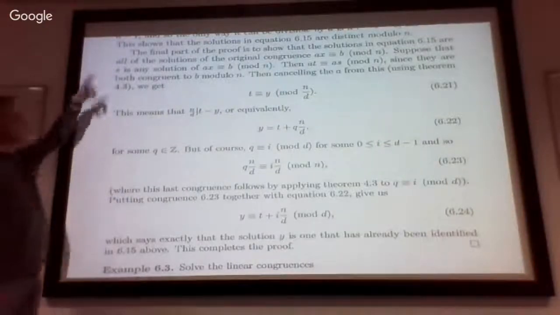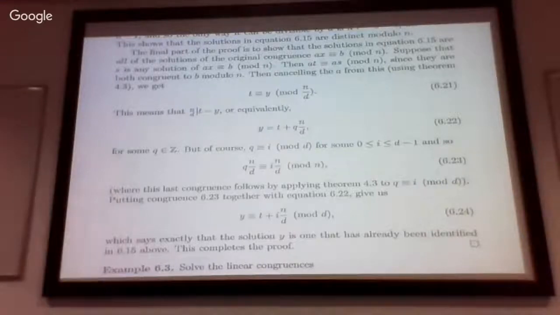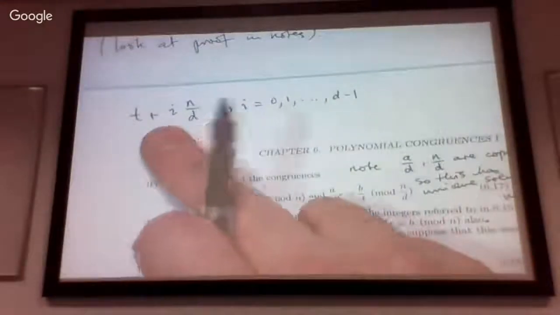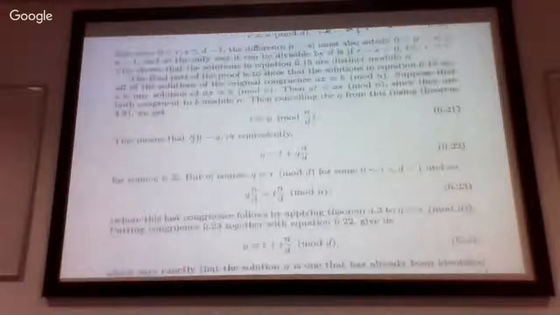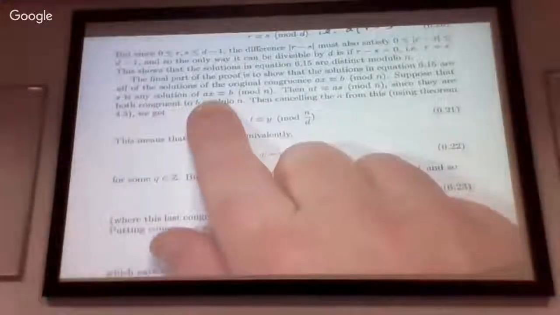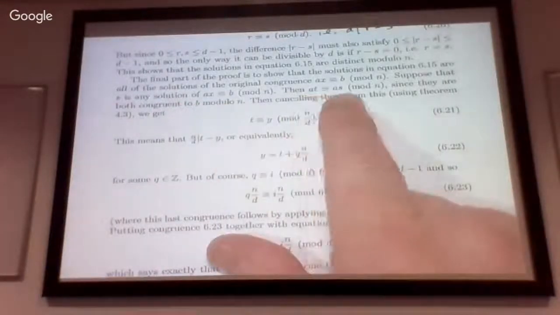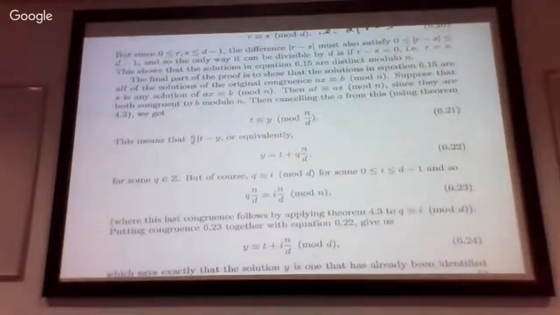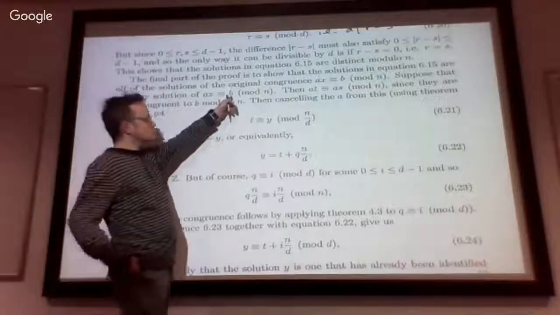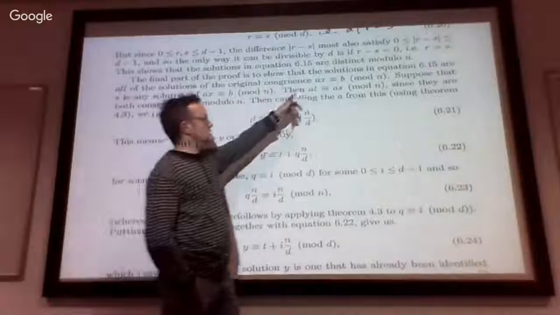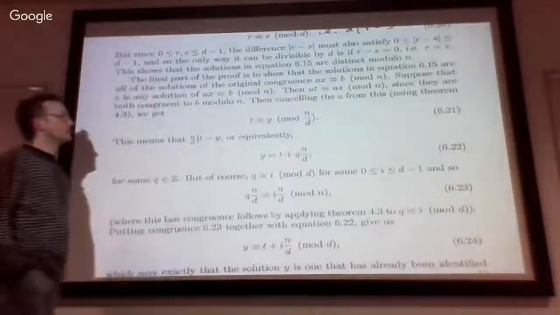Well, we already know one solution, namely T, the solution we're using to generate all the other ones. So if S and T both solve this, that means that AT is congruent to AS, because both of them are congruent to B modulo n.